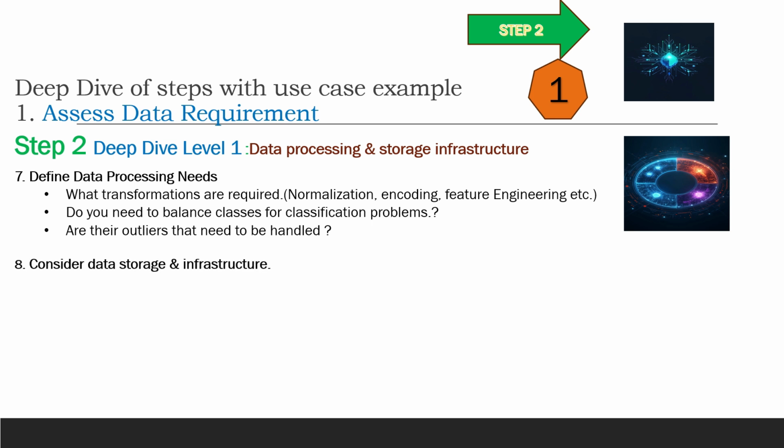Then you have to consider your data storage. Now that you have defined your data processing needs based on the kind of problem, the kind of ML model, and the data sets you're going to deal with, you need to think of the data storage and infrastructure. I'll talk about ETL and ingestion in my next video, but ideally, where will you store it? This is very high level.